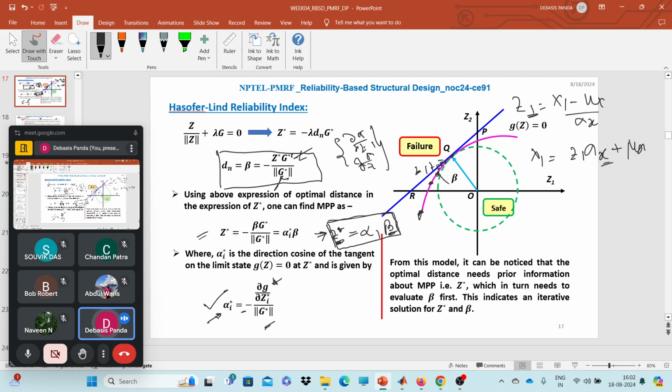For these z1, z2 and z3 we have some direction cosines, so it will start from here, then it will go to the next point, then the next point, until the stopping criteria is achieved. That means it will find the point based on your direction cosines, and direction cosines are defined based on the gradient vectors of the limit state function in the standard normal space. Clear?